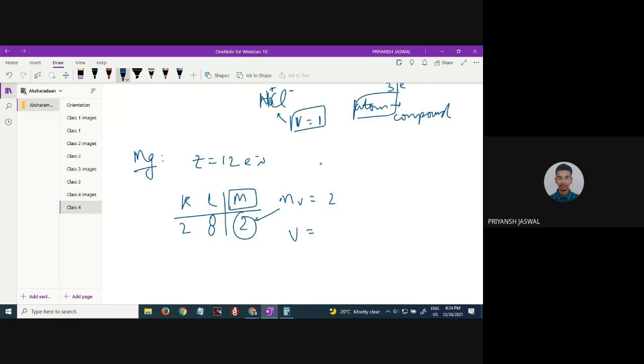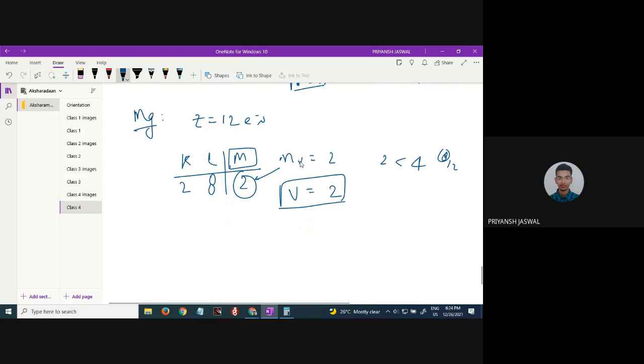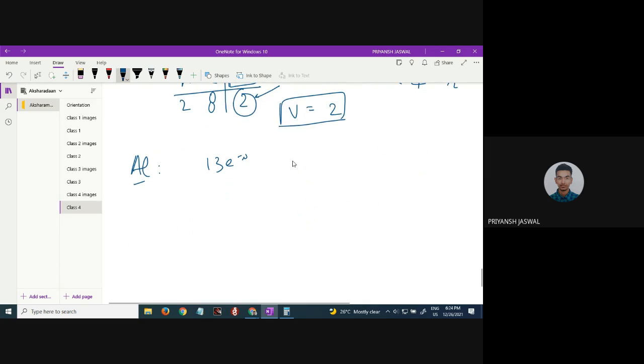Since 2 is less than 4, that is half of 8, which is the maximum capacity, its valency is 2. Similarly for aluminium, it has 13 electrons. So configuration will be 2, 8, and 3. So valency is equal to 3.